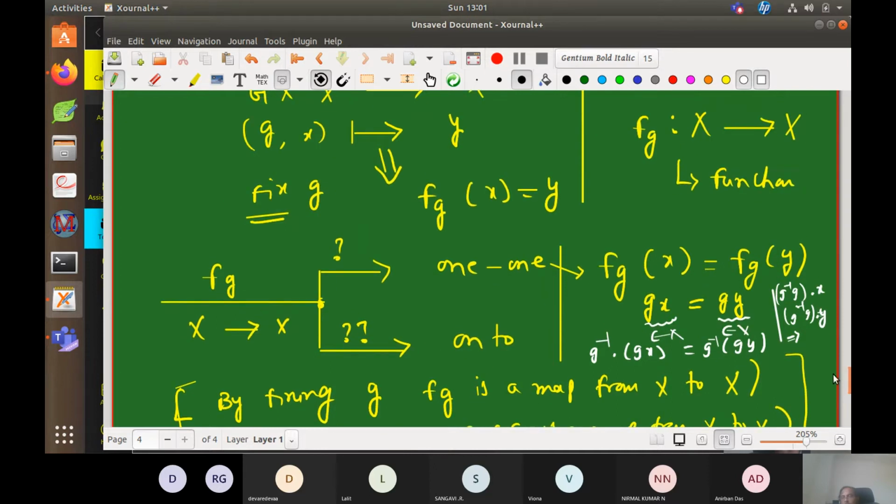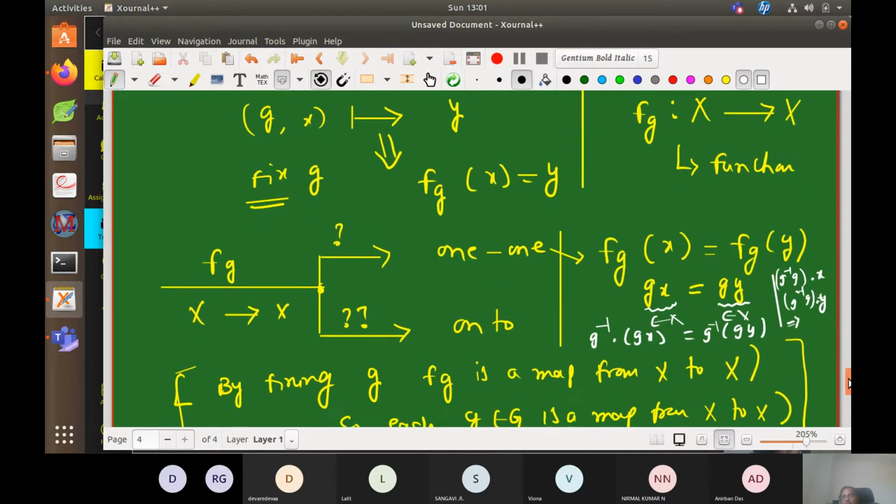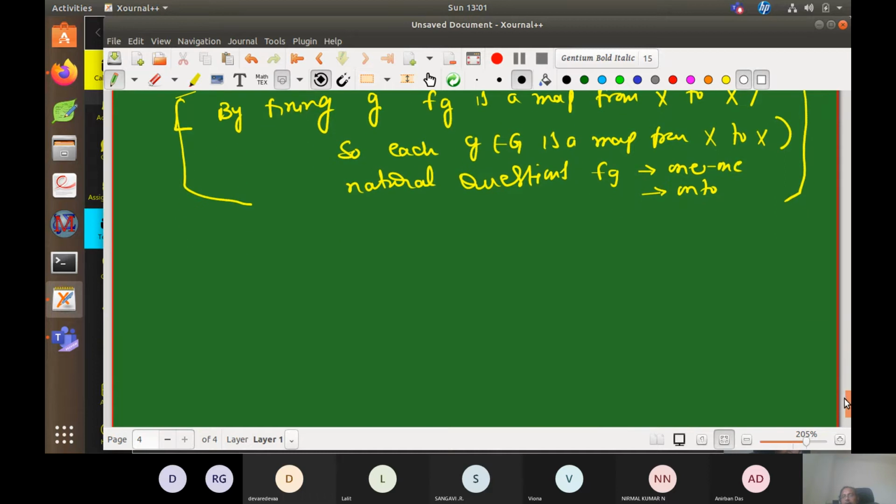How do you prove onto? Do not tell immediately. Let everyone think. So what do you mean by f is onto? You see that this theory does not require anything, functions and groups, properties of the groups.